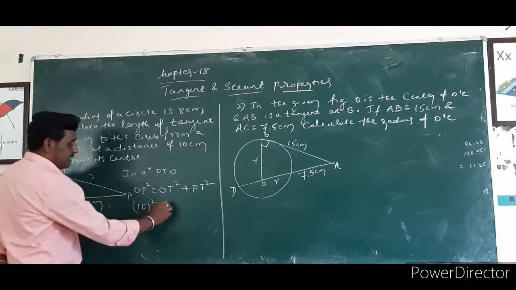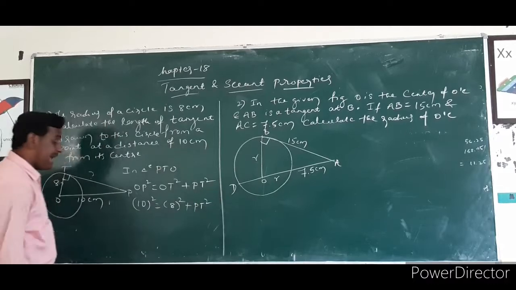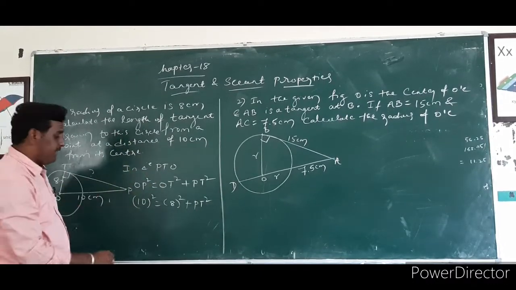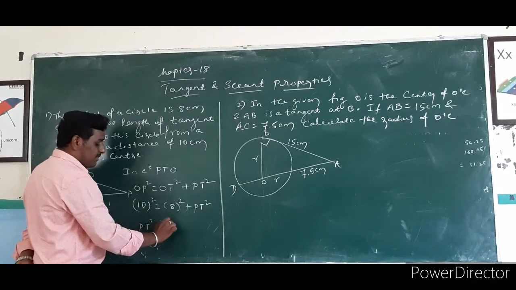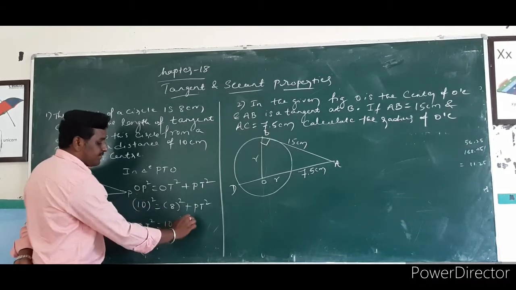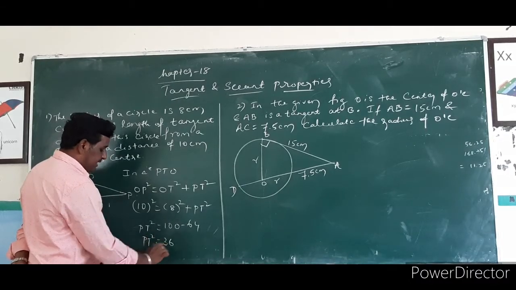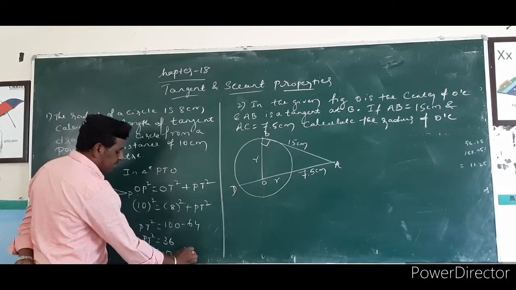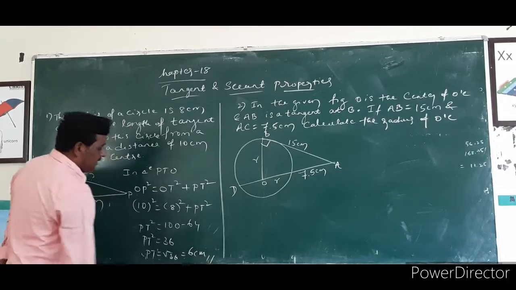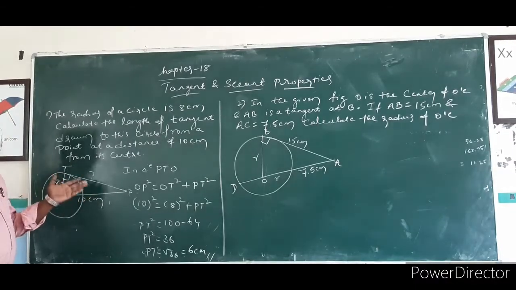OT is 8, so 8 square. PT square we keep as it is because we want to find the PT value. PT square is equal to 10 square minus 8 square, that is 100 minus 64. PT square is 36. PT is equal to root 36, that is 6 centimeters.